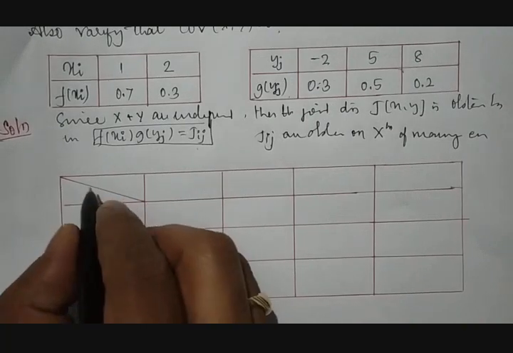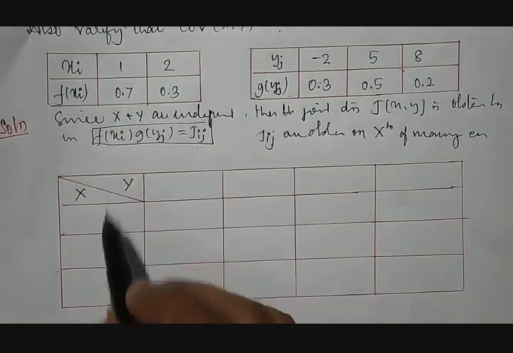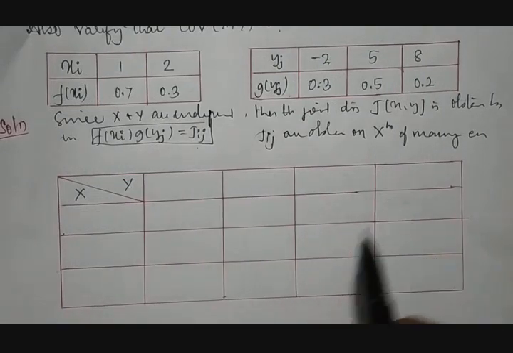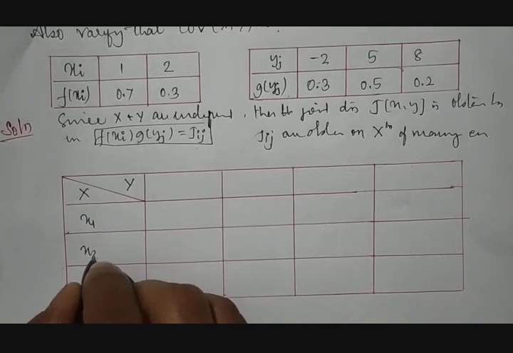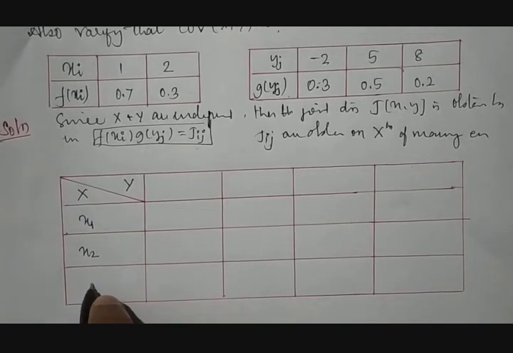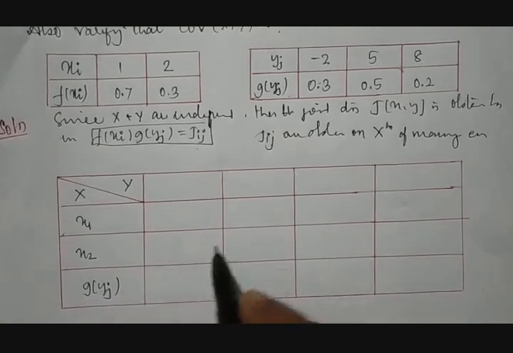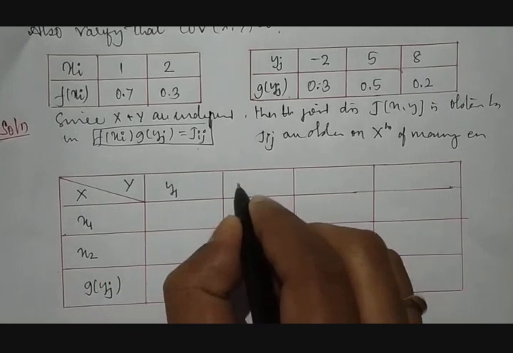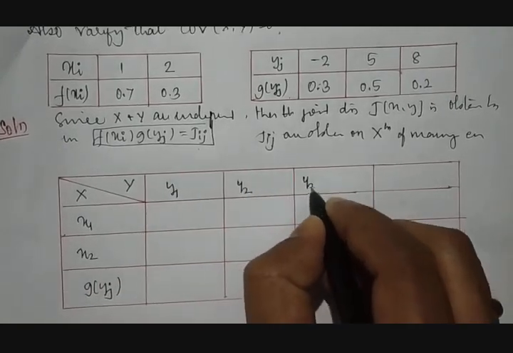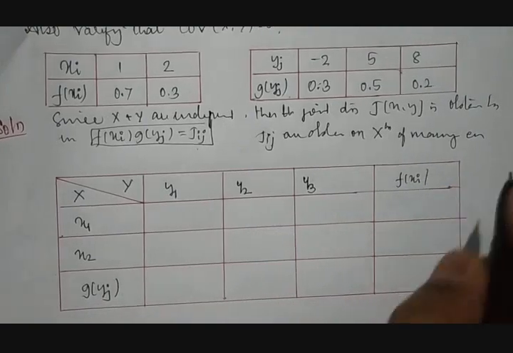So the joint distribution will have x as well as y. Towards this side it is x, towards this side it is y. So first we take x1, x2, and this will be taken as g of yj. Then this is y1, y2, y3, and here I'll take a calculation for xi.